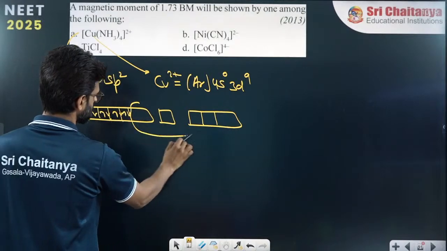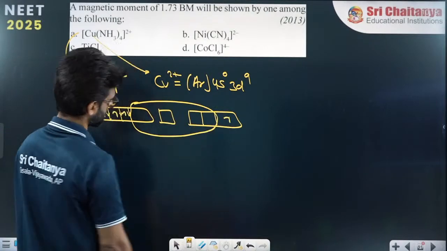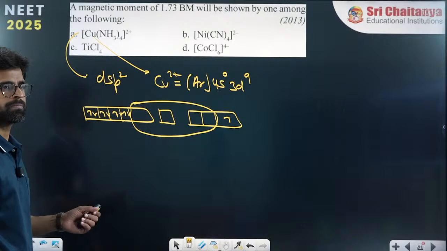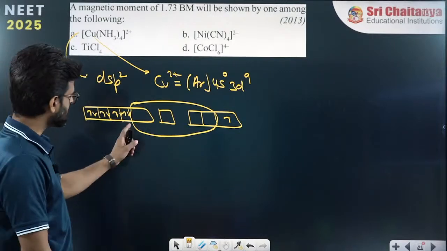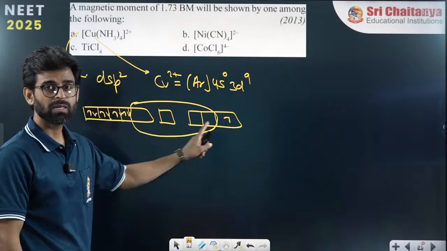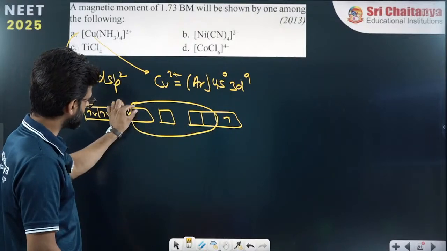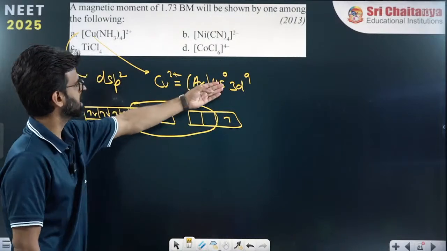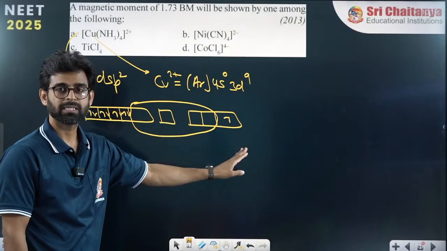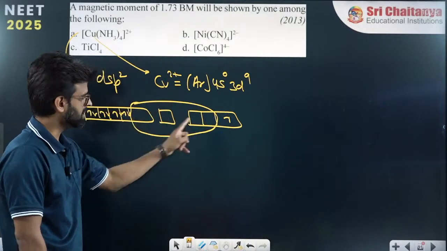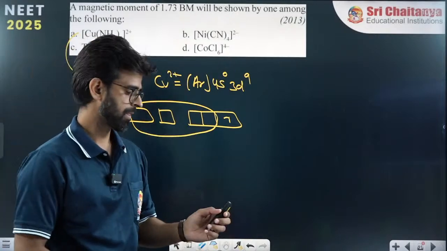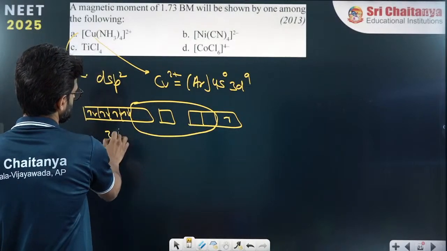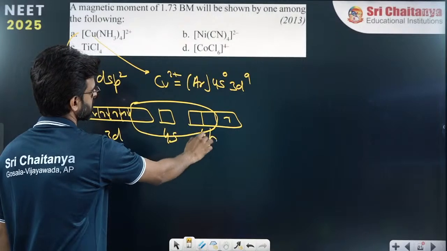Very rare case, right? It is dsp2 here and has one unpaired electron. This electron jumps from here to here. Okay, a special case. We were expecting that if it is d9, it should be sp3 hybridized, but no, it jumps here and it is dsp2. One unpaired electron is present here, in 3d, 4s and 4p.